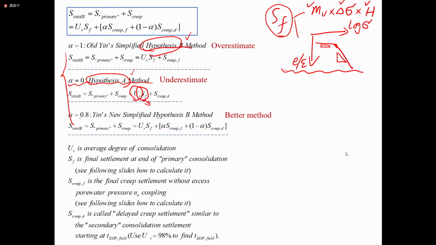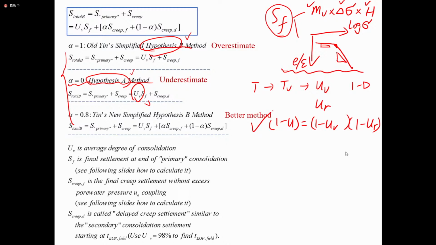Okay, so for the UV, we can calculate from T to TV and get UV if only 1D drainage occurs. Okay, if there is a vertical drain installed, we should consider the UR also, right? And then use this equation to get the average consolidation degree in the whole, okay?